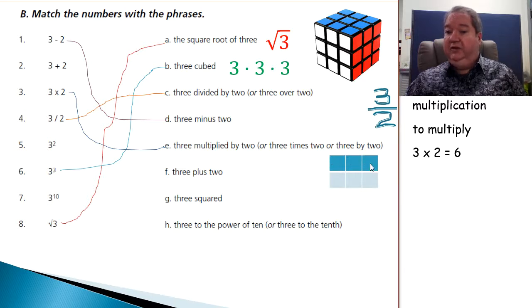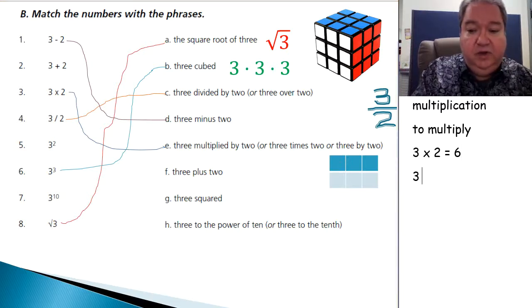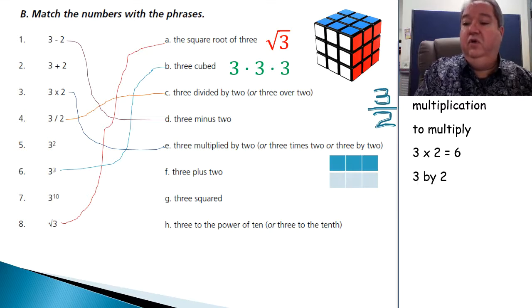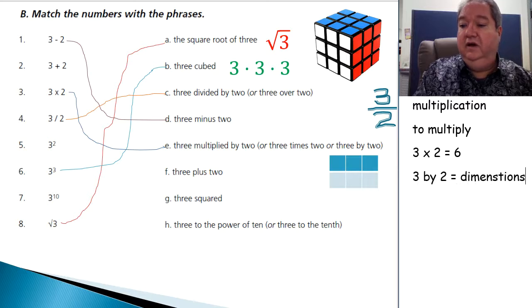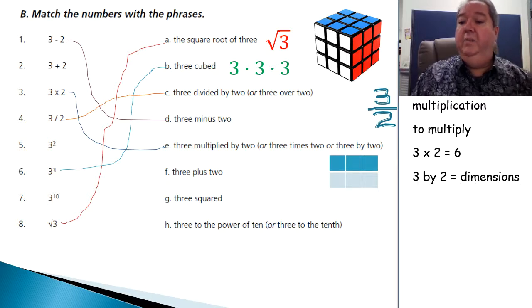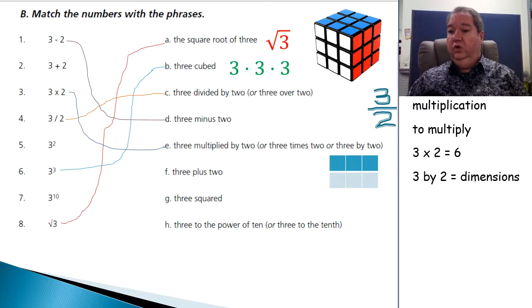I would use that for dimensions of a box or a room or a piece of paper or something. If you talk about how big a piece of paper is, you'll give the dimensions in, well, for paper, millimeters or centimeters.